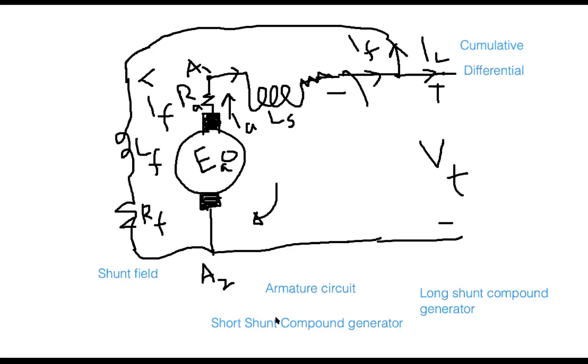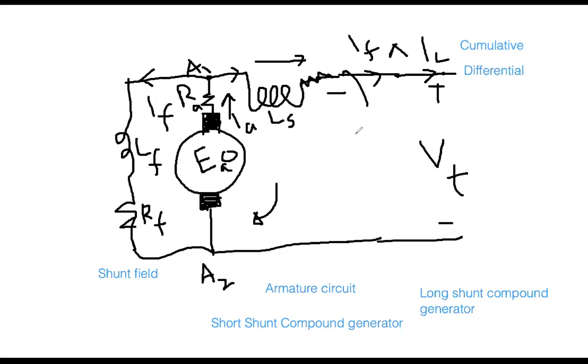Once again, the short shunt is your previous diagram. The field circuit is connected at point one. You see, that is changing things. IA current is going here, and the equation is changing. This is your armature current flowing, and after coming to this point, it is divided into two parts. Something is going to the field, and something is going to the series field, and that is the same current that is going to the load.